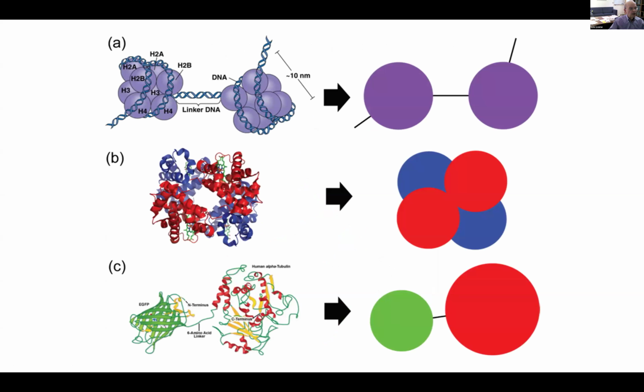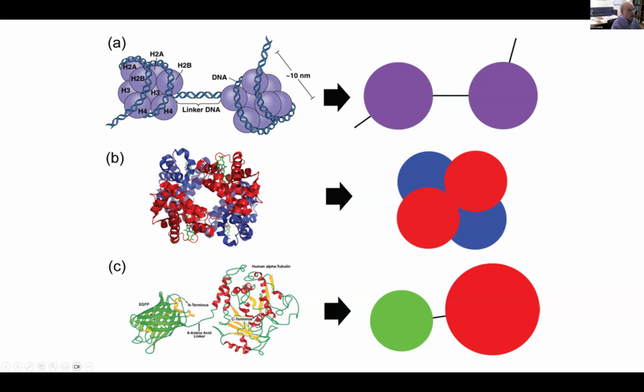Okay, so how do we develop molecules based on real structures? Here are just a few examples. This is part of a chromatin, and you just represent the nucleosomes as spheres linked by, again, stiff springs.